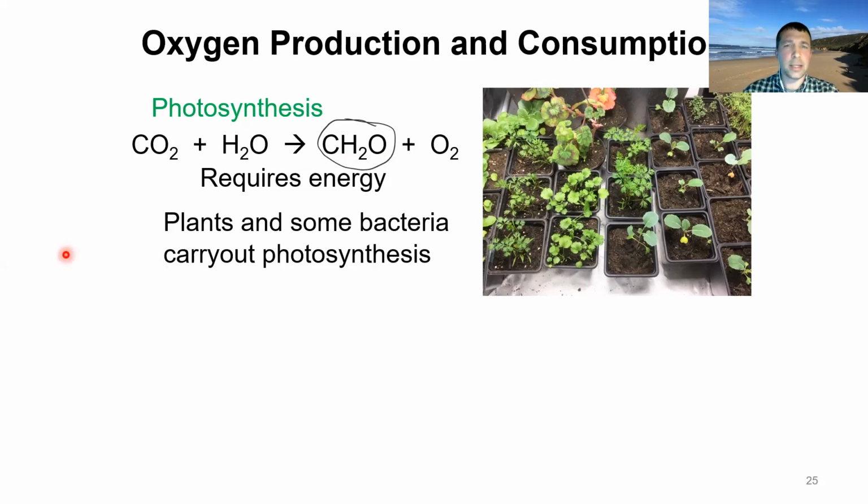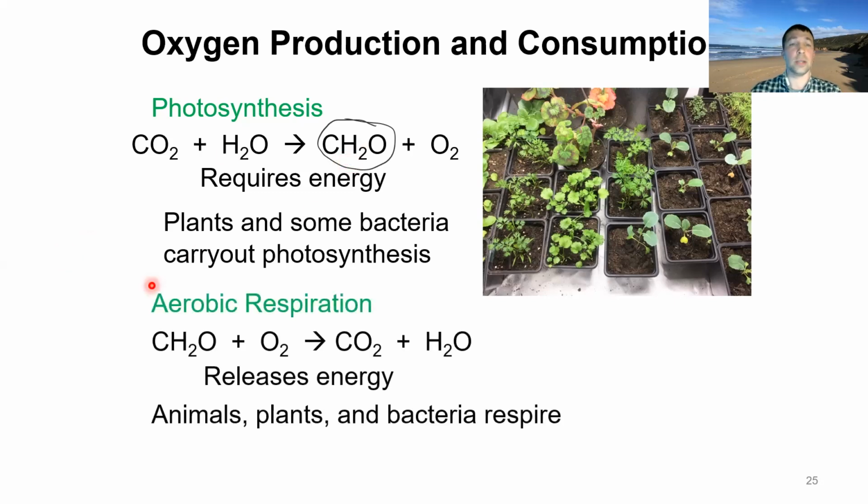Okay, so we know that plants, as well as a number of bacteria, can carry this out. They produce their own food, which they then run this reaction in reverse, and that's called aerobic respiration. Likewise, as humans and other animals, we eat this organic carbon in the form of fruits and veg and grain and meat. And we combine that organic carbon with oxygen.